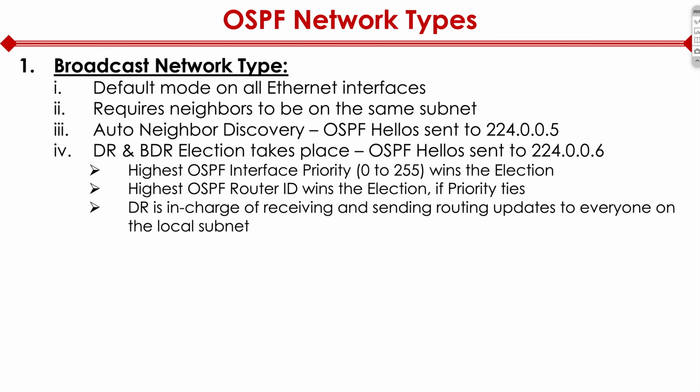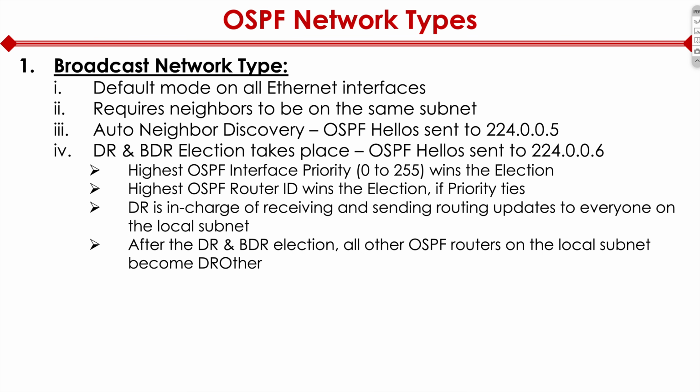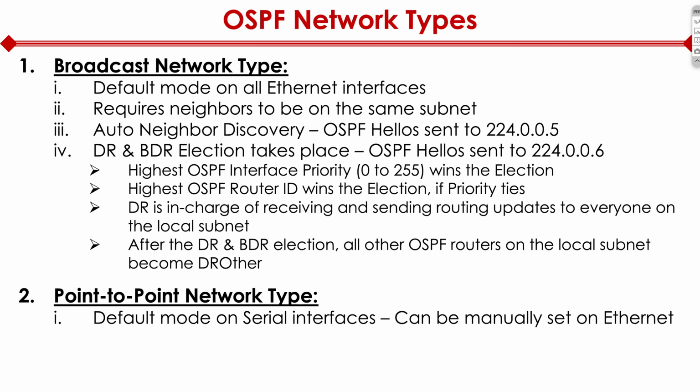Once the DR is selected, DR is in charge of receiving and sending all the updates to everyone on the local subnet. After the DR and BDR election, all other OSPF routers on the local subnet become DR other. And there's another network state that I think is important for you to understand called point-to-point network type. That's the default mode on serial interfaces.